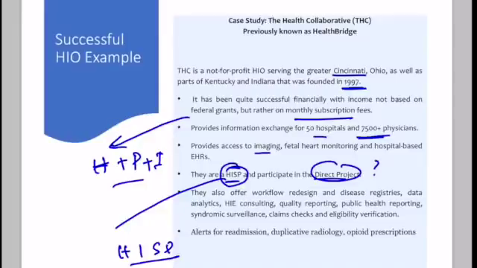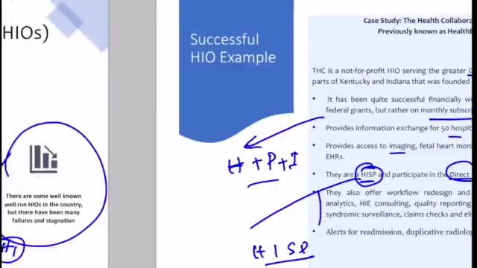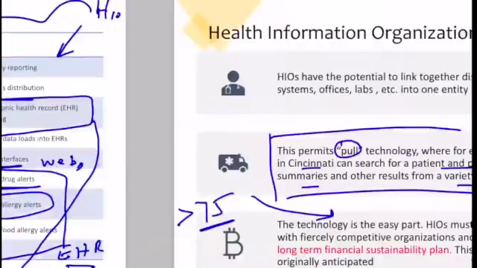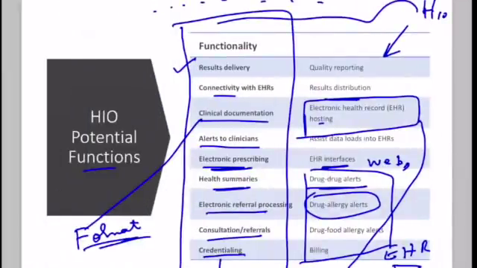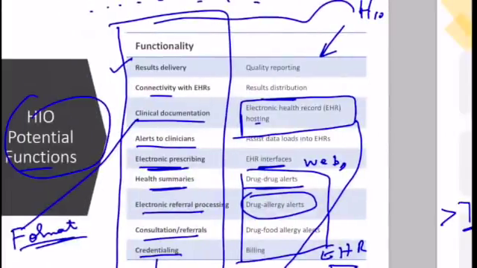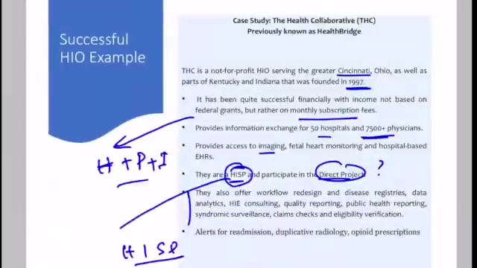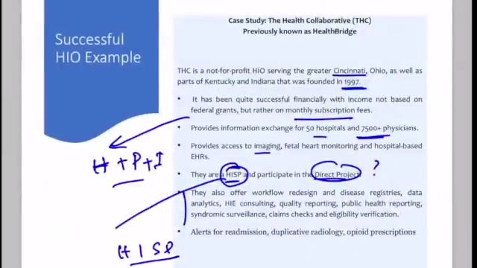They also offer workflow redesign and disease registries, data analytics, consultancy, reporting, whatever we see in the functionality of the HIUs. They almost provide everything, and at the same time they have managed without the federal support. Even the readmission, duplicative radiology, and the opioid prescription, they have managed by THC.